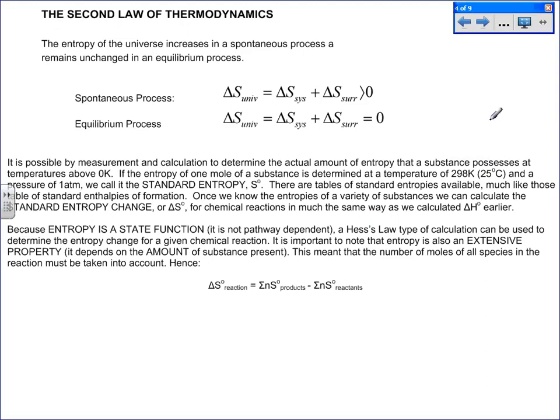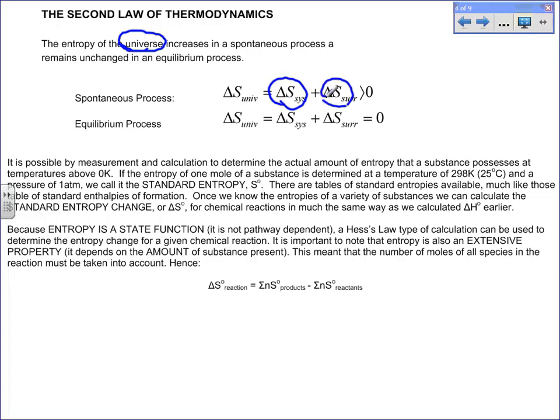Now, the second law of thermodynamics states that the entropy of the universe increases in a spontaneous process and remains unchanged in an equilibrium process. This is very important, and there are two things to consider here. First of all, it's the entropy of the universe that we're going to be looking at. The entropy of the universe includes both the entropy of the system and the entropy of the surroundings.